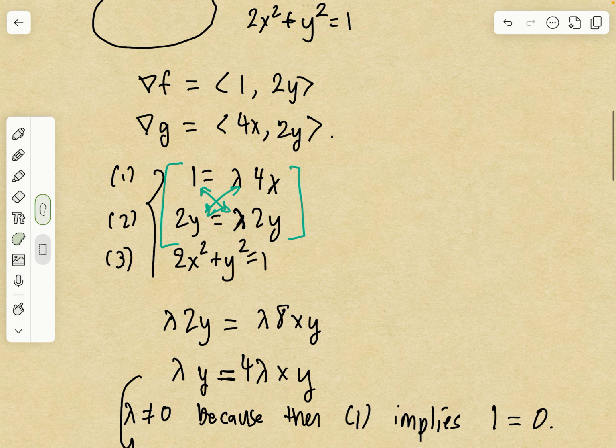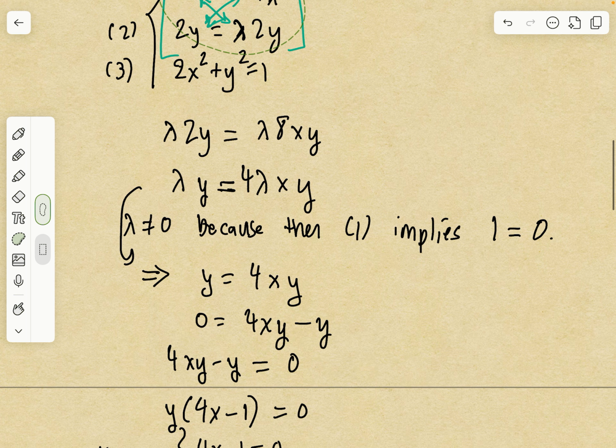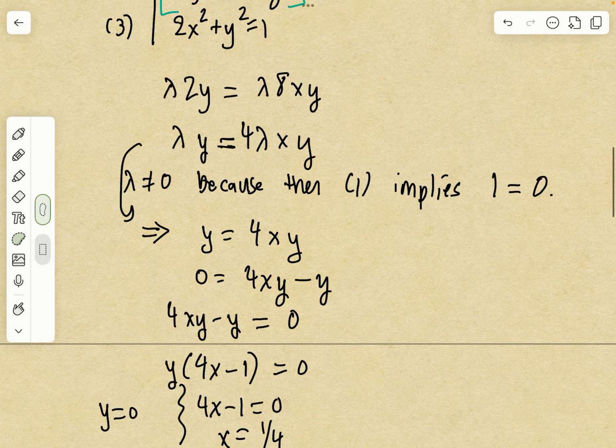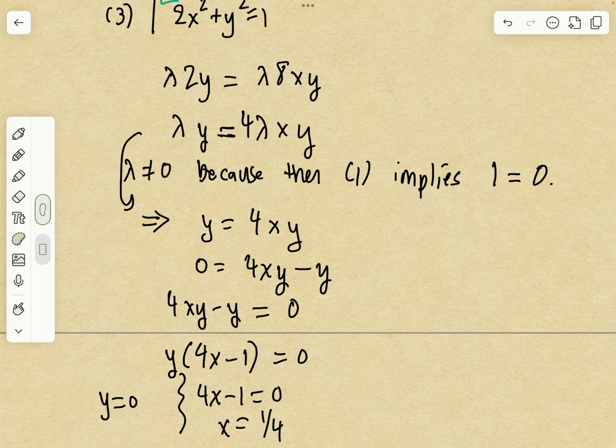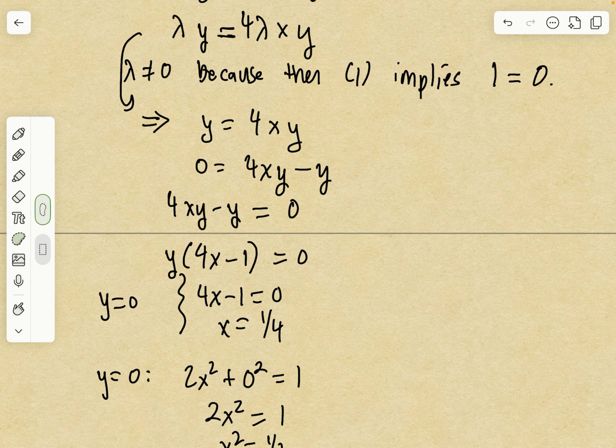So you set up the Lagrange multipliers, and then what I like to do is take the equations with the Lagrange multipliers and cross multiply, and then you show that lambda can't be 0 because you get an issue. In this case, the first equation is an issue if lambda is 0. Lambda can't possibly be 0 because the first equation wouldn't make any sense. And then once you know that, you can divide by lambda on both sides. That cancels out the lambda.